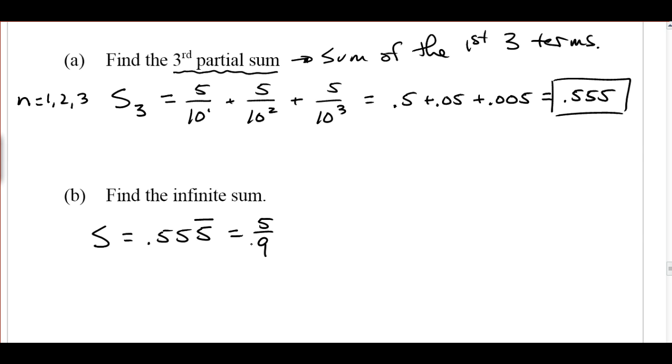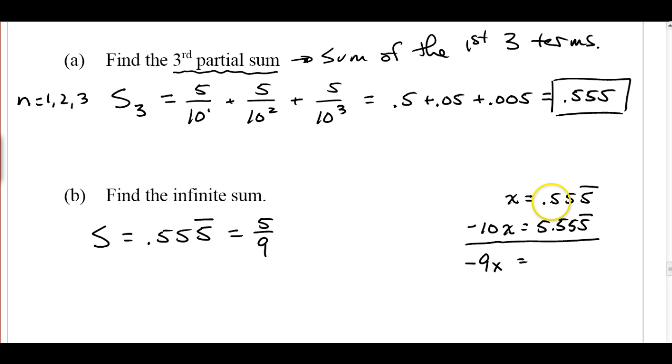Or if you remember, we can convert this to a fraction if we do a little bit of algebra. If we let x equal 0.555 repeating, and then subtract from this 10x, so 10x is going to be 5.555 repeating, I would get negative 9x over here, and then 0.555 repeating minus 5.555 repeating is just going to be negative 5.